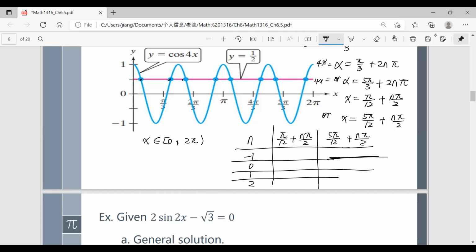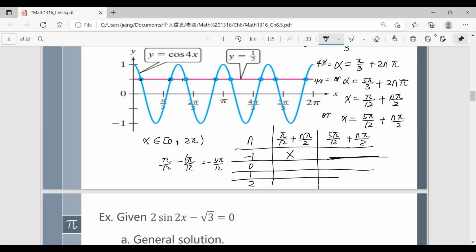If I plug in -1 in the expression, pi over 12 minus pi over 2, this is a negative number, so I can't choose this one. Plugging in -1 gives -5 pi over 12.